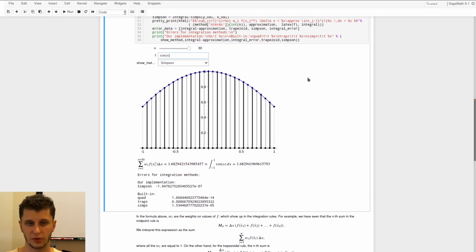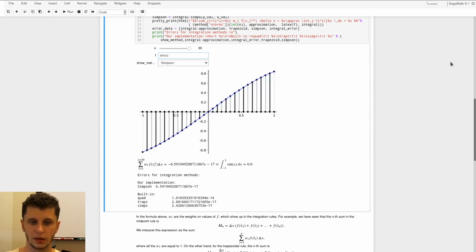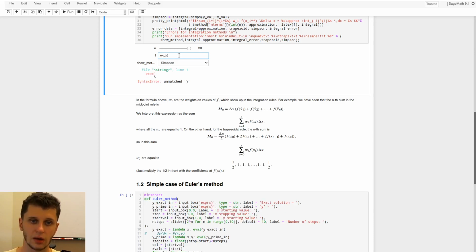Yeah, so if you do download this notebook, you can change the function that is being integrated to pretty much any function, and compare the different precisions, the different errors for different functions that these methods can give you.